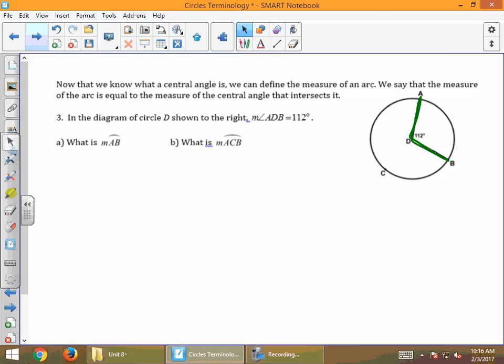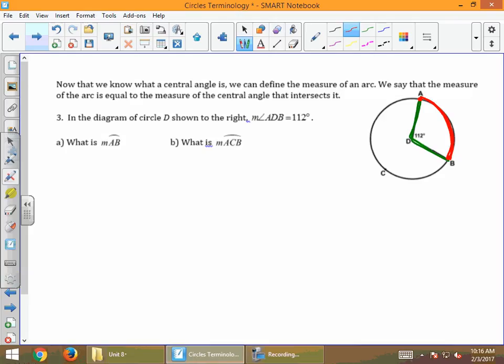And when we're trying to figure out an arc that's in between an angle, I like to think of a piece of pie or a piece of pizza or something like that. It's a circular shaped food. The arc that's in between that angle, I like to think is the crust of that piece. So if we look here, A to B is what's in between that angle.